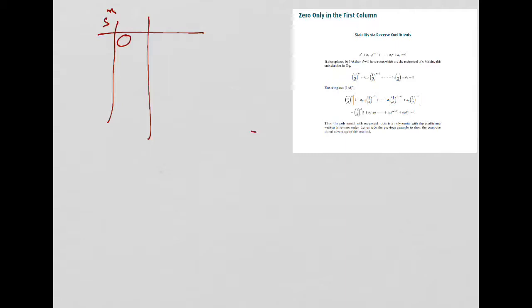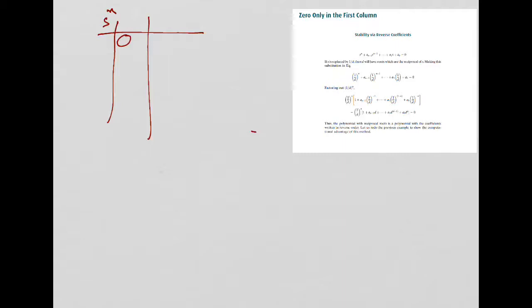Now we show that the polynomial we are looking for, the one with the reciprocal roots, is simply the original polynomial with its coefficients written in the reverse order.